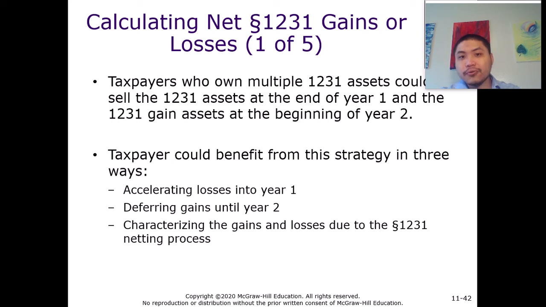In doing that, the person is able to accelerate the recognition of losses in the current year and defer the recognition of gain to the later year, right.